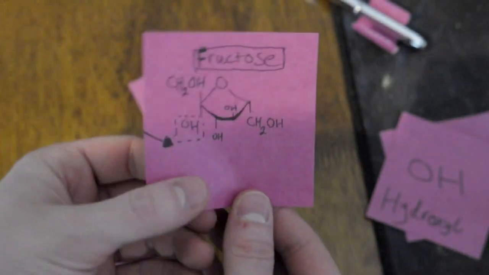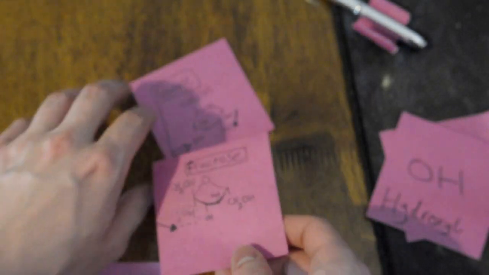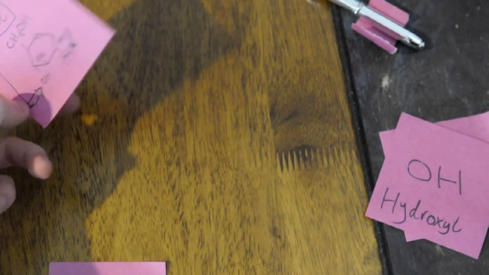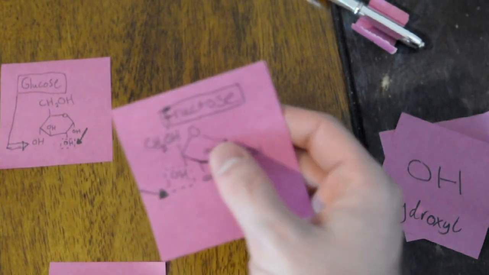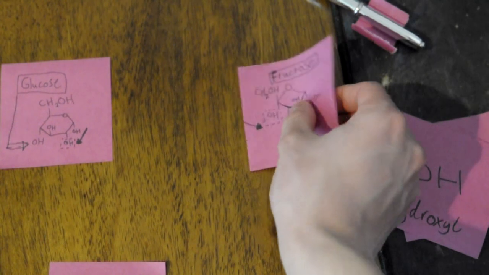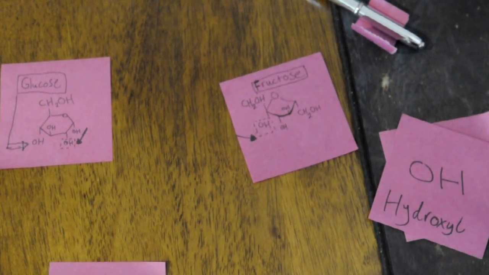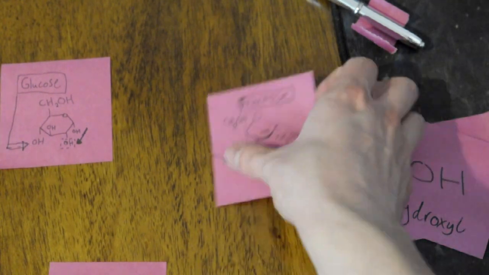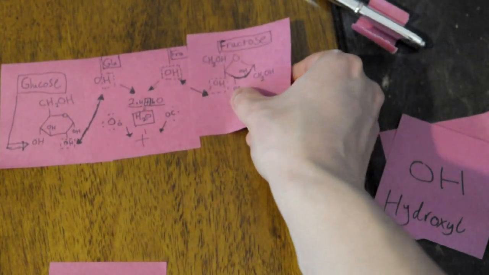It's got a bunch of hydroxyl groups and a couple hydroxymethyl groups, but then it has an oxygen in its carbon ring. Now we can blow up the illustrations I made, starting with the glucose on the left with the highlighted hydroxyl group, the fructose on the right with the highlighted hydroxyl group. Basically, those 2 groups are going to be involved in the reaction.